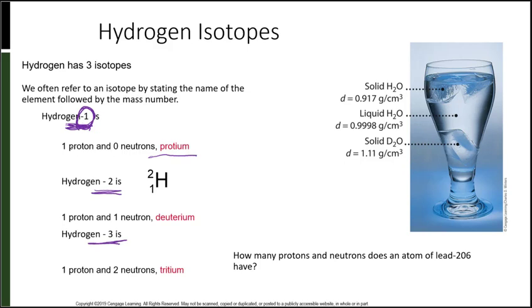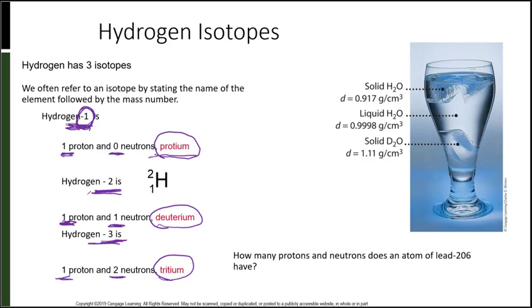Hydrogen has 1 proton, so if its mass is 1, it must have 0 neutrons. This specific isotope is called protium. Hydrogen 2 has 1 proton, so it must have 1 neutron, and this is called deuterium. Hydrogen 3 has 1 proton and 2 neutrons, and it's called tritium.